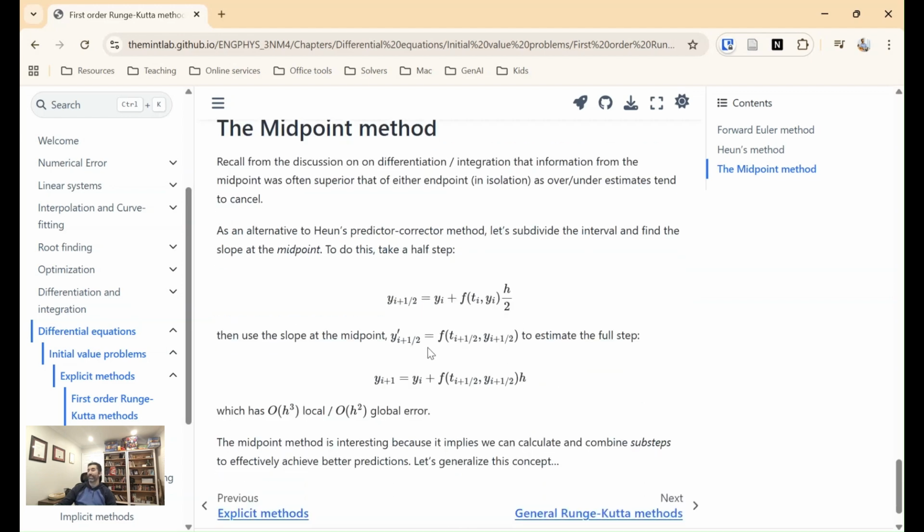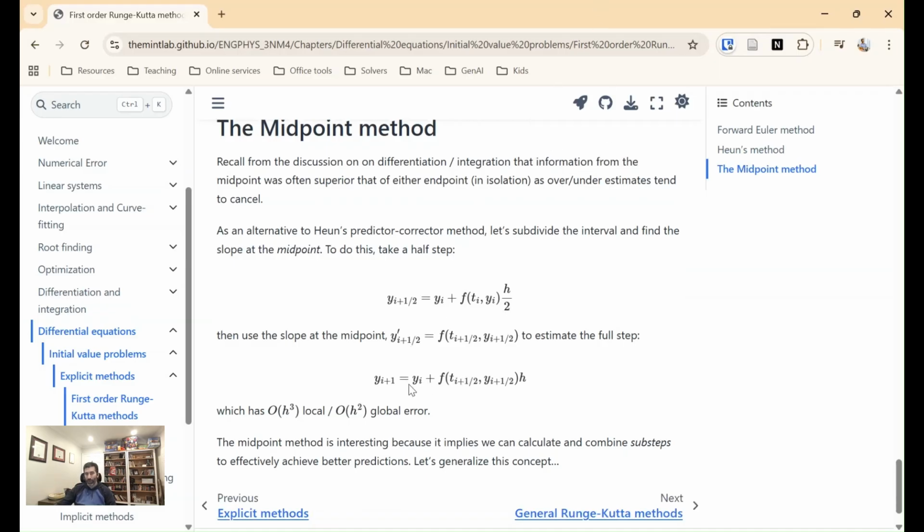And then we're going to take the slope at the half step and the solution of the half step, and we're going to use that to calculate the whole step. So we're not blending in that information, right?